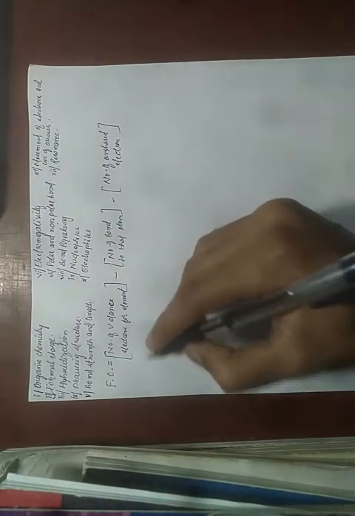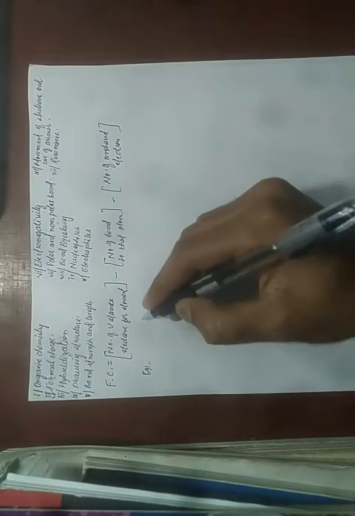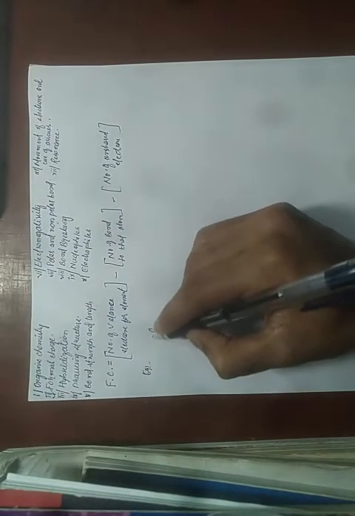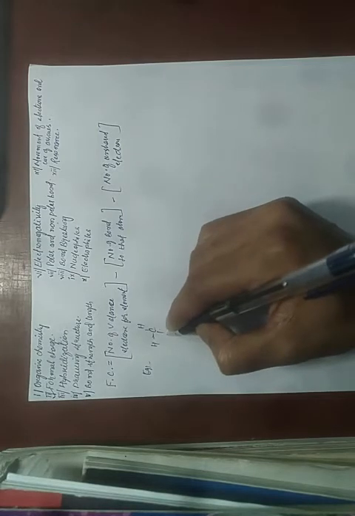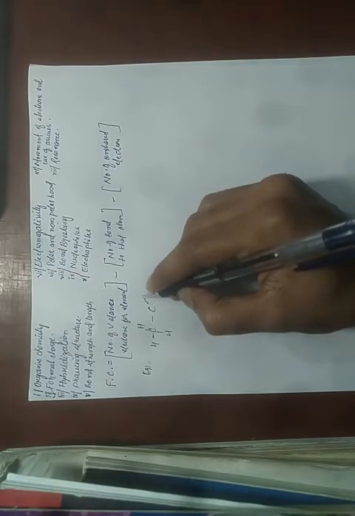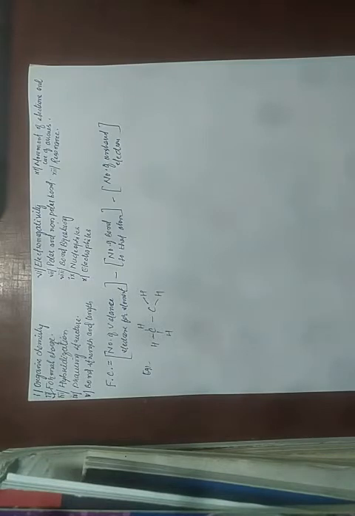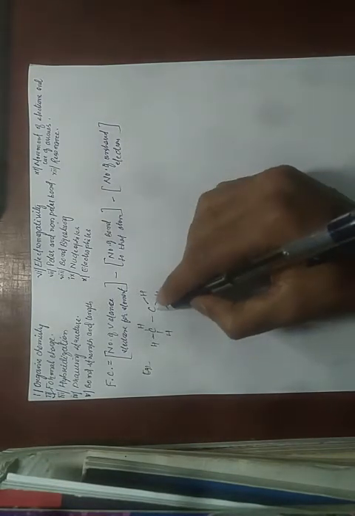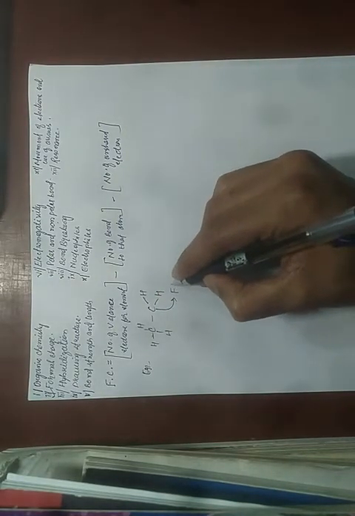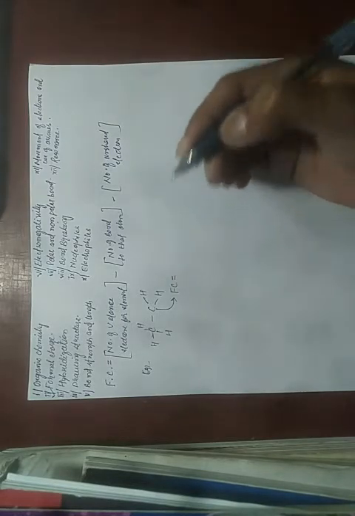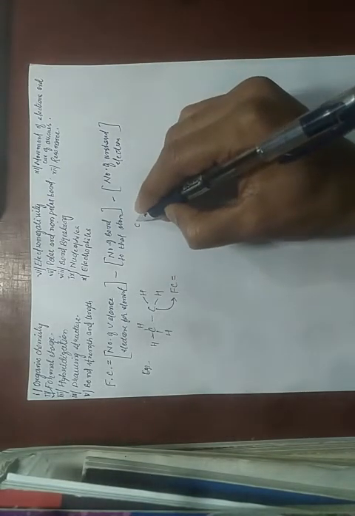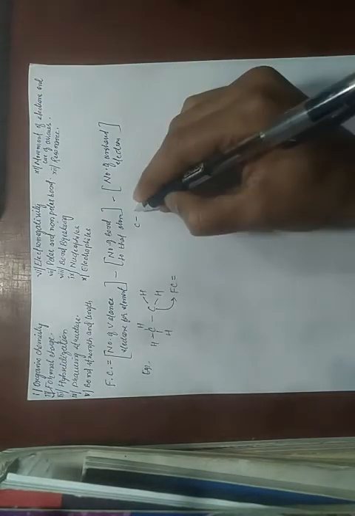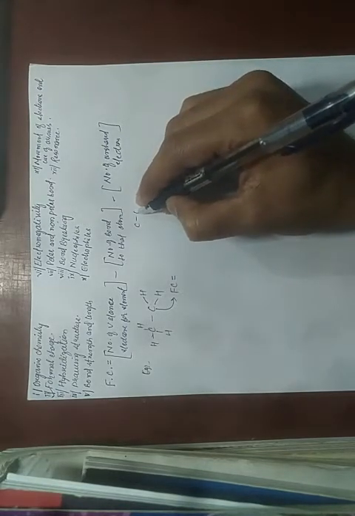Okay, so we will take one example. Example number 1: suppose we are given a compound like this, CH with hydrogen here, here, and here. If we are asked to find out the formal charge for this carbon, we know the atomic number of carbon is 6.